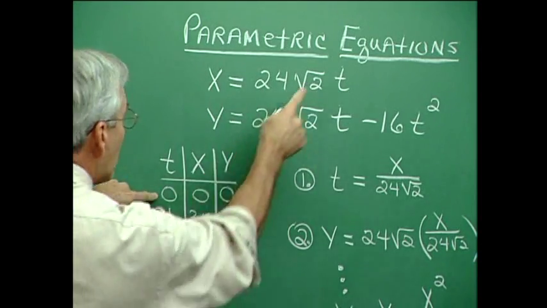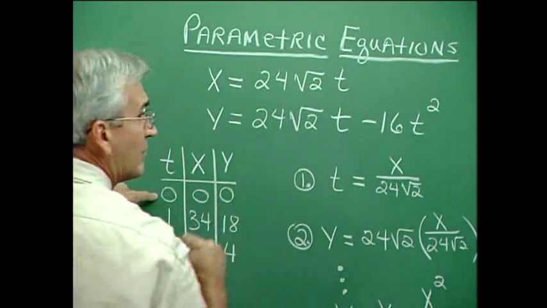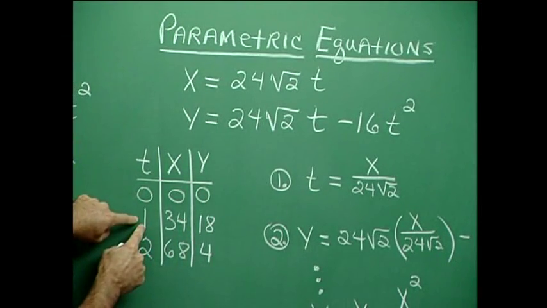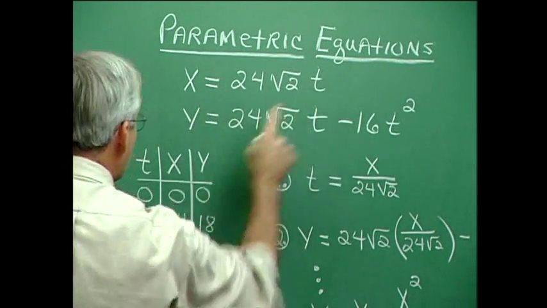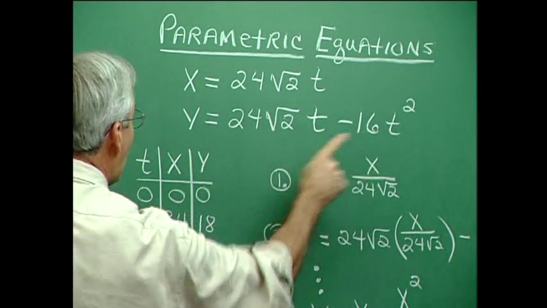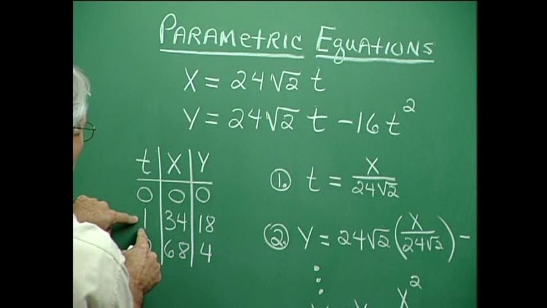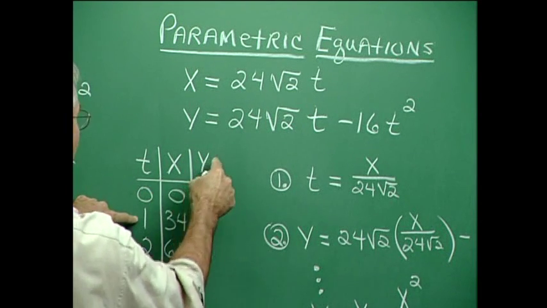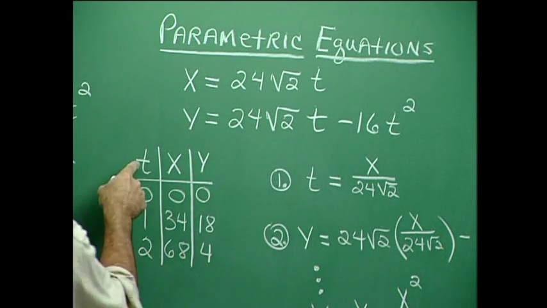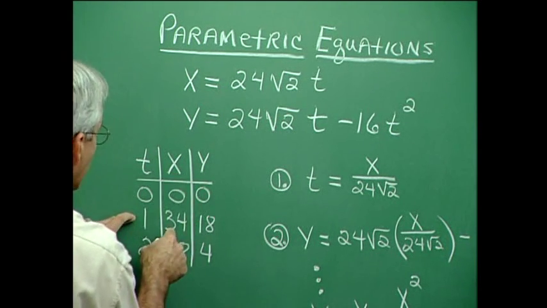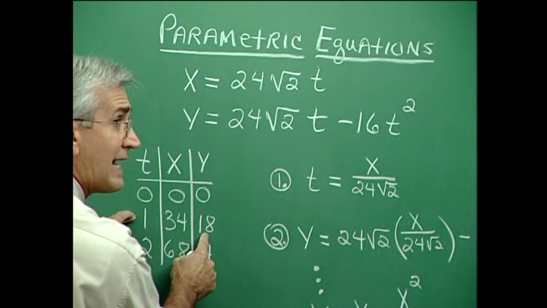So if t is 0, then all the terms go out and x is 0, y is 0. If t is 1, then the x equation becomes 34, the y equation becomes 18. So when t is 1, x is 34, y is 18. This means that after a time of 1 second, the horizontal distance is 34, the vertical distance is 18.